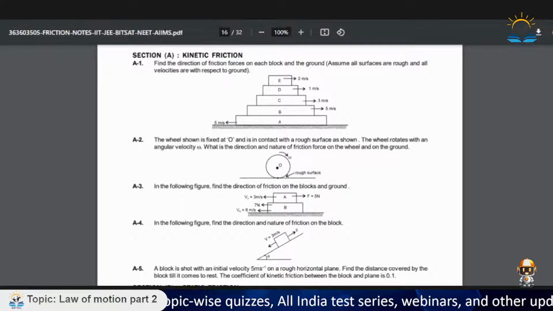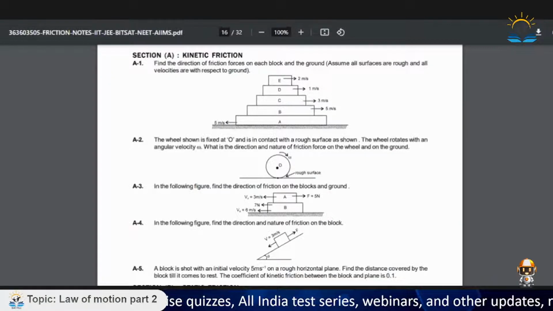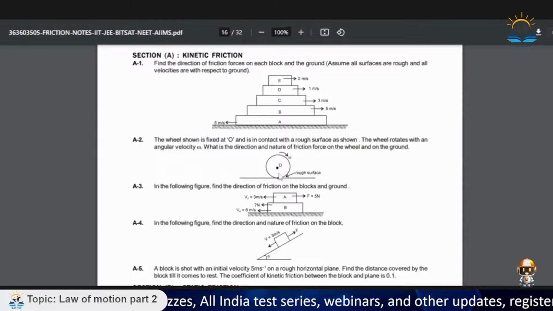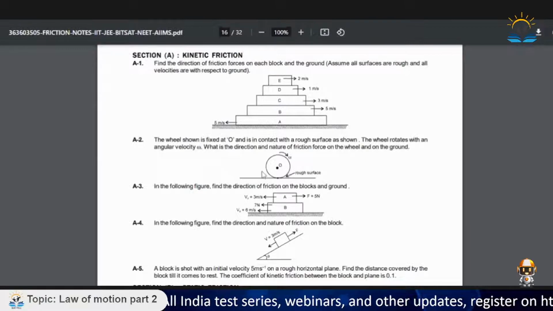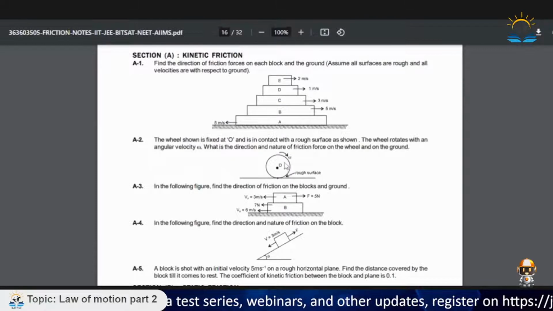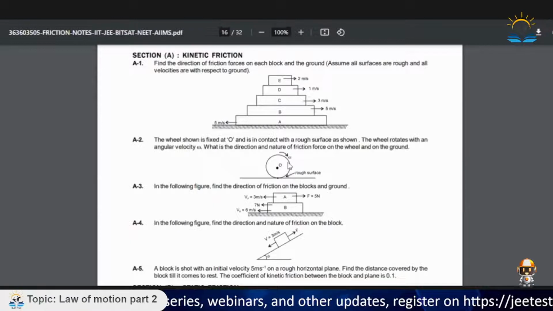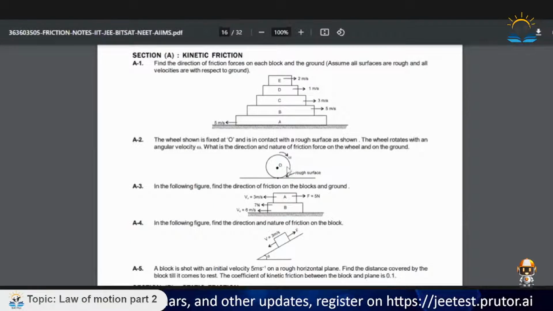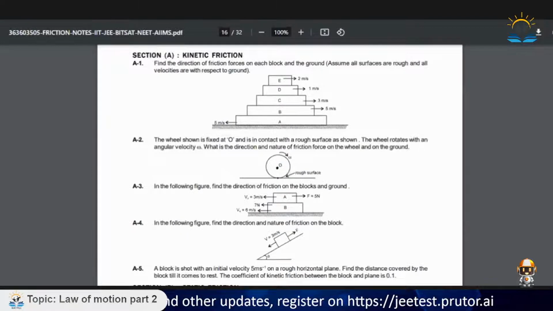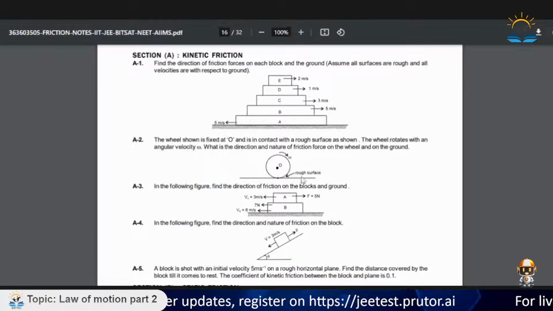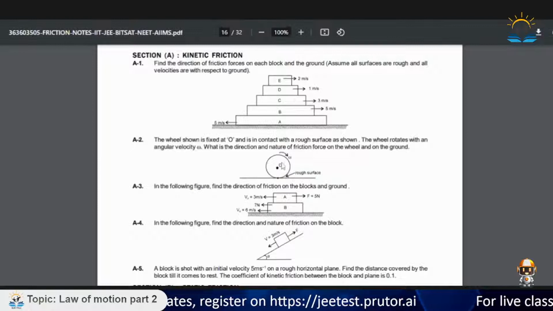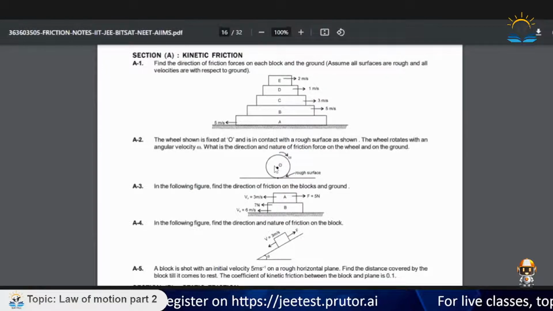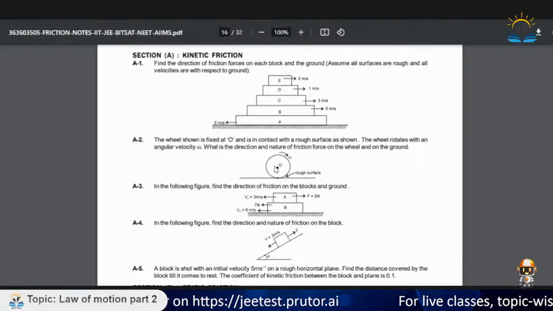For that case the friction would be in the backward direction. The second case is the wheel is rolling forward. At that time the wheel has angular velocity omega in the clockwise direction, and to decrease this omega there would be friction acting in the forward direction to decrease the value of omega.